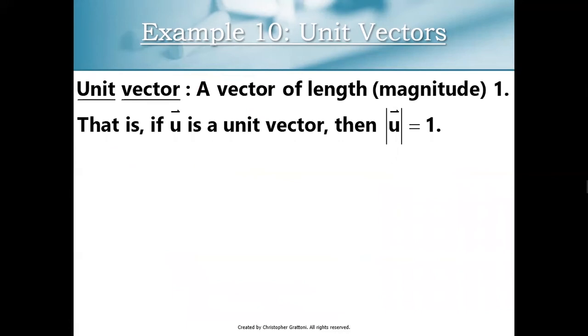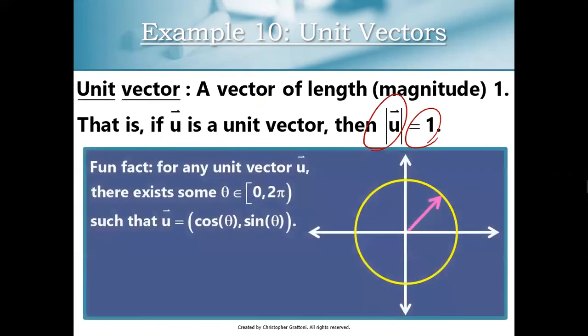So, quick definition here. A vector of length or magnitude 1 is called a unit vector. And so you would always say that the magnitude of a unit vector is equal to 1. Cool little fact here: when you guys learned about the unit circle in Trig Calc A, the unit circle actually parameterizes the full set of every unit vector on the planet.